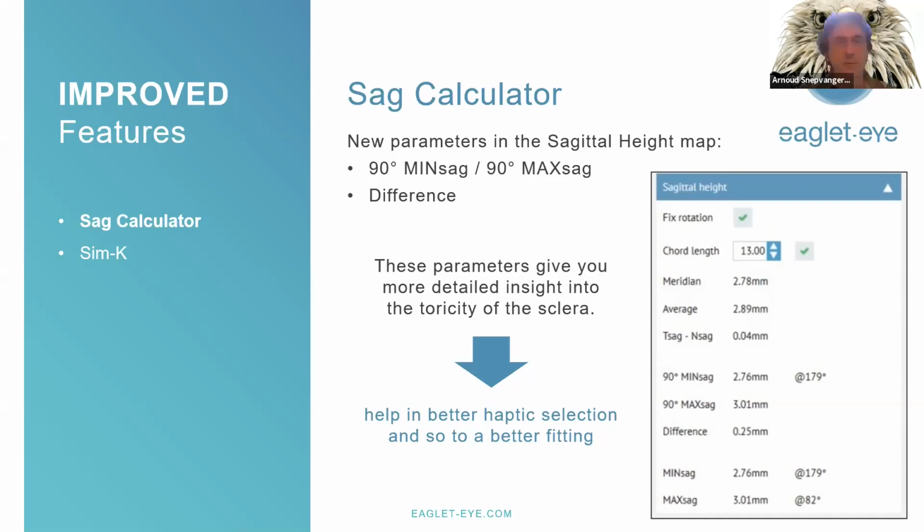From Dr. Michaud, Langis says, can we still predict the rotation of the lens? Yes, we can. You can look at this value, just the angle, 179 in this example. So take it from the 90 degrees min sac.